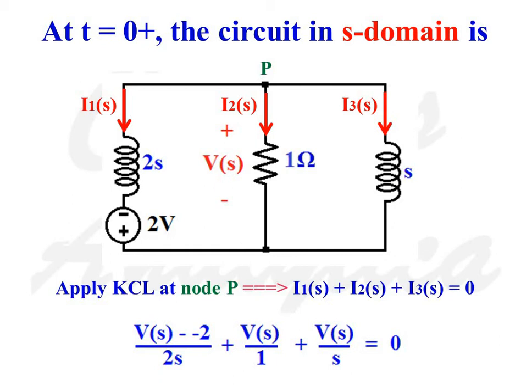We can write I1 plus I2 plus I3 is equal to 0. So (Vs minus 2) divided by 2S plus Vs divided by 1 plus Vs divided by S is equal to 0, where Vs is the voltage across 1 ohm resistance.